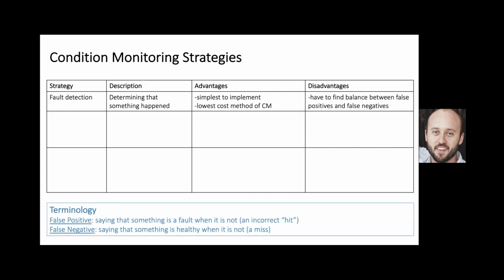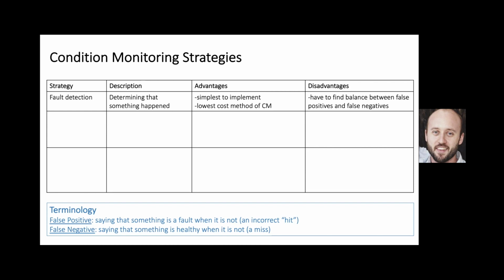Of course, the downside, though, is when you're using fault detection, the output is oftentimes very binary. You're saying there is a fault or there isn't a fault. And as you may know, whenever you're using that type of approach, you subject yourself to the risk of false positives or false negatives. So a false positive is when we say that something is a fault when it actually is not. And a false negative is when we miss something.